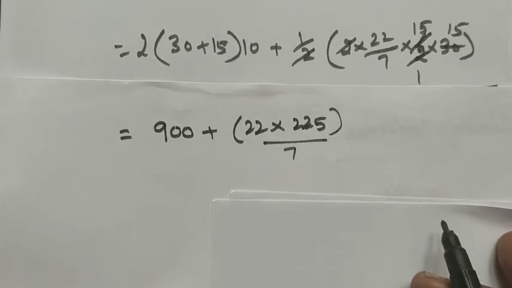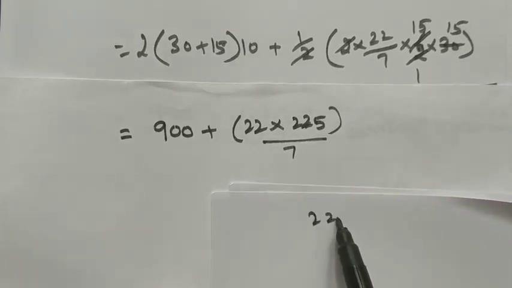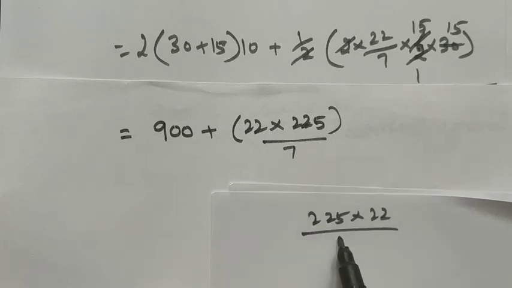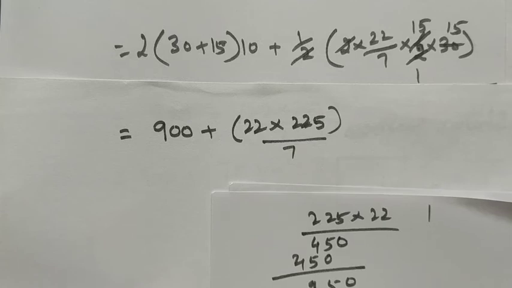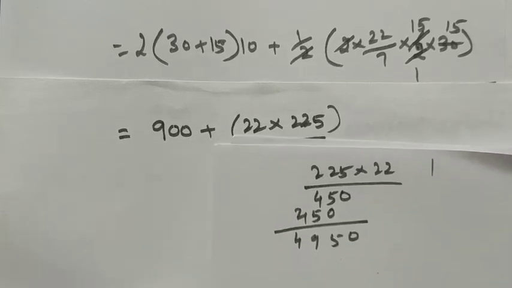Now we multiply the term: 225 into 22 is 4950.